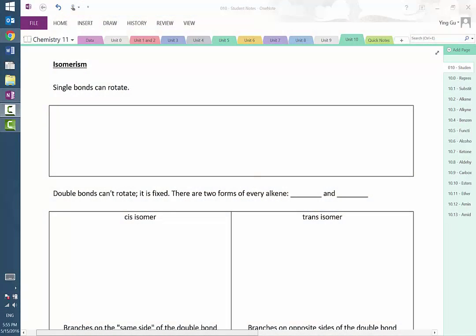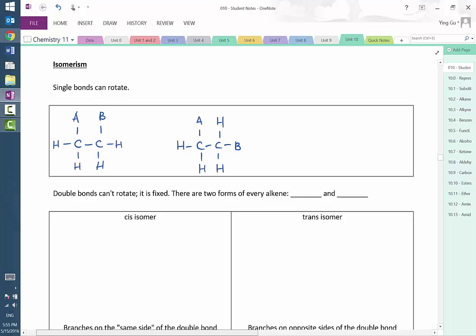Let's write down what we just discussed in our notes here. Let's draw the alkane that we first looked at, C-C with H's, and I'm going to put on a branch A and a branch B. Now this molecule that I've drawn here would be the same as if I were to draw it like this, with the A over here and the B over here, which is also the same as if I were to draw it like this.